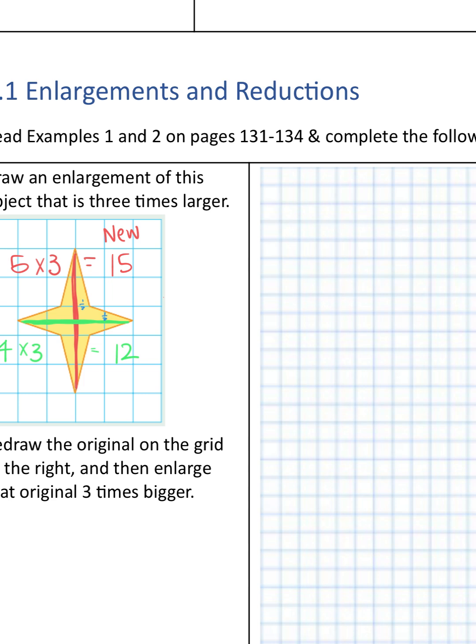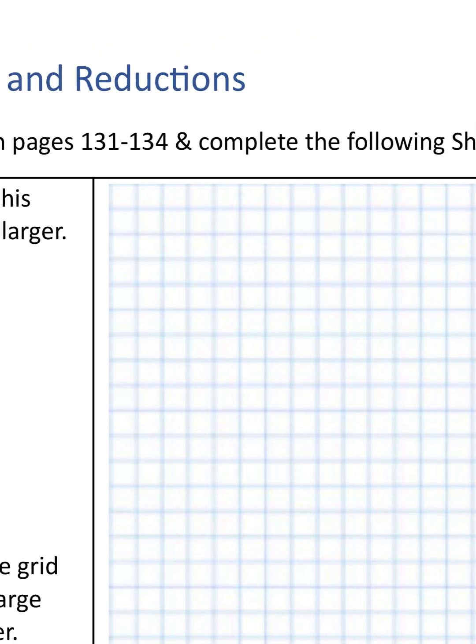I'm going to switch now and draw my original. My original, we said, was 4 across: 1, 2, 3, 4. It was 5 vertical.